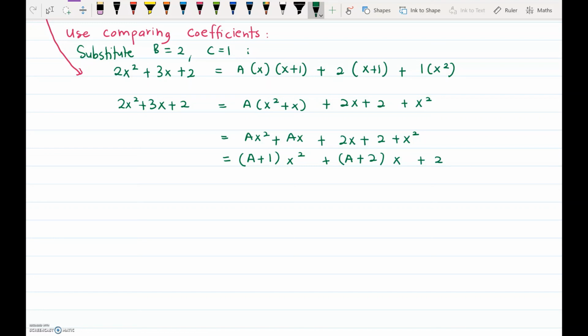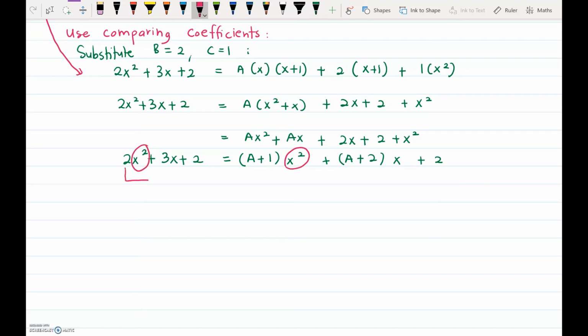And your left hand side will be 2x squared plus 3x plus 2. Comparing coefficients means we will compare the coefficient for each term from the left hand side and the right hand side.